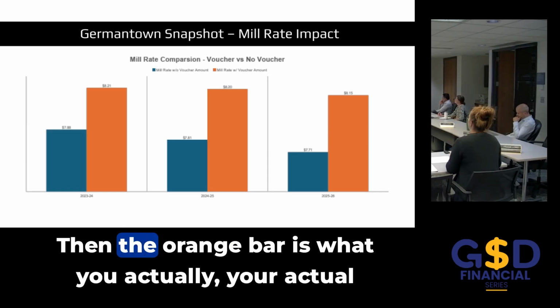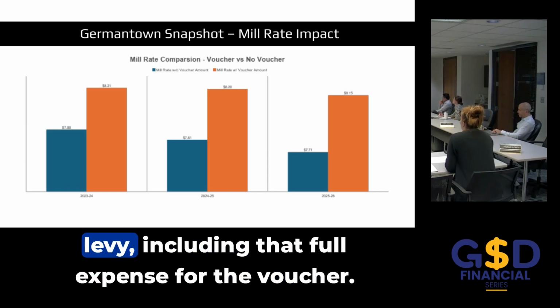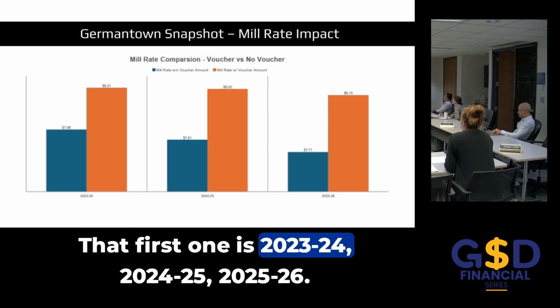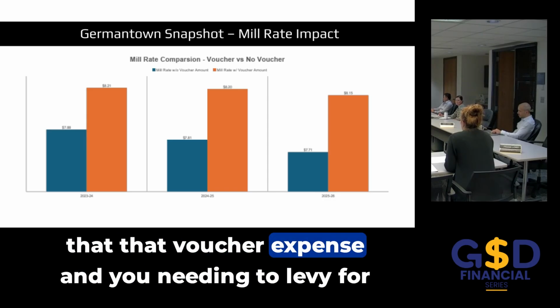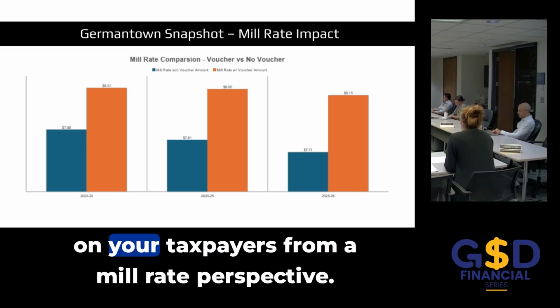And the orange bar is your actual levy, including that full expense for the vouchers. That first one is 23-24, then 24-25, 25-26. So you can see there's a pretty significant impact that voucher expense and needing to levy for that had on your taxpayers from a mill rate perspective.